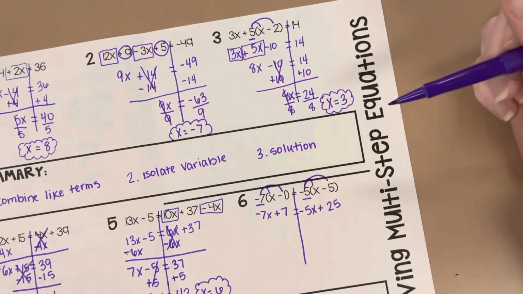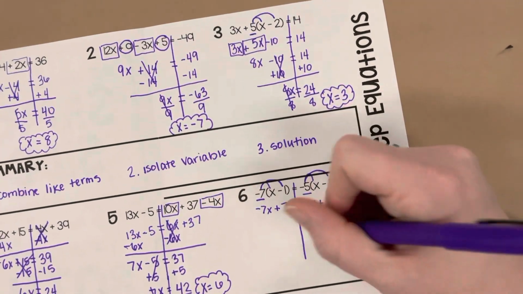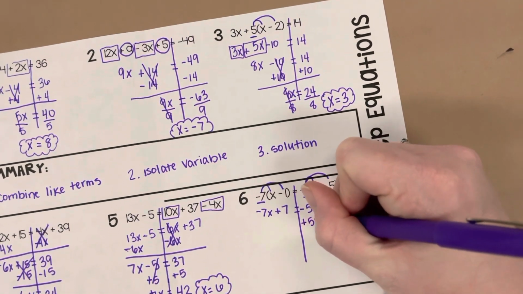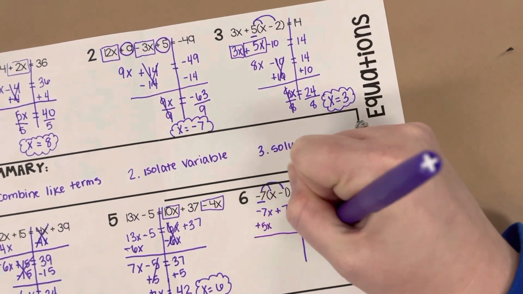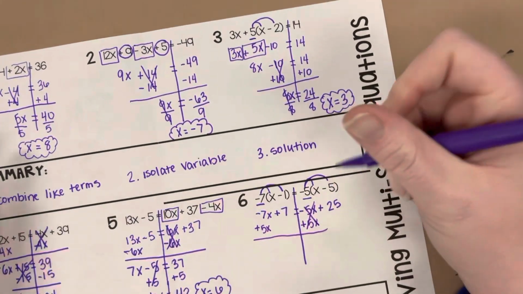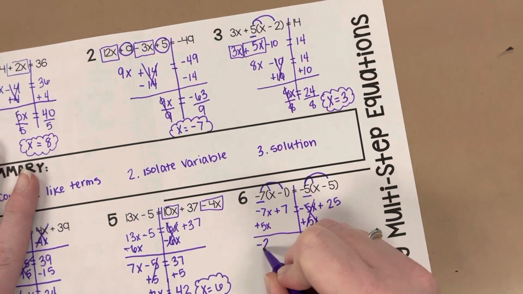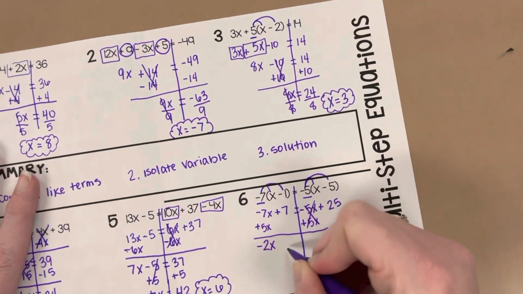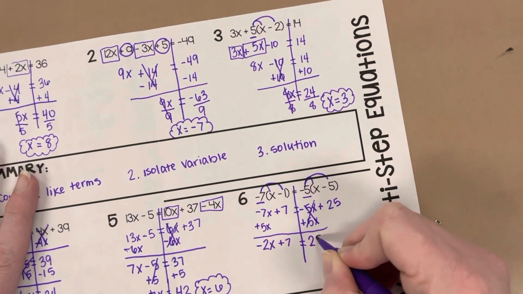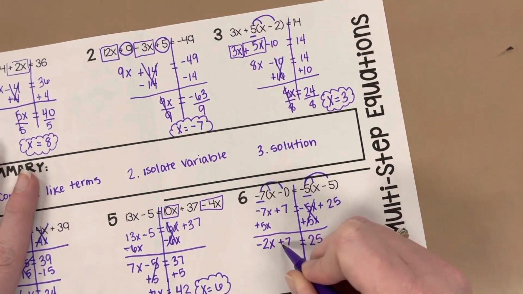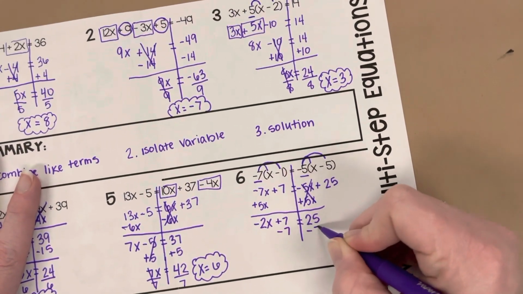So now I need to move things around. Again, I like to put my variables all on the left side, so I'm going to move this 5x and do the opposite. So my 5x cancels, and a negative 7x plus 5x gives me a negative 2x. I bring down my plus 7, and I bring down the 25. Then I need to get rid of that 7, so I'm going to say minus 7 and minus 7.